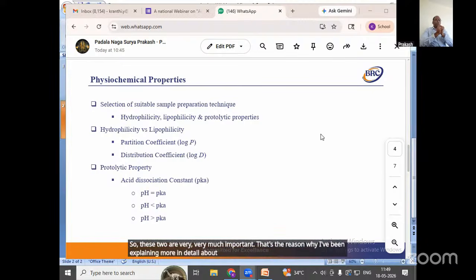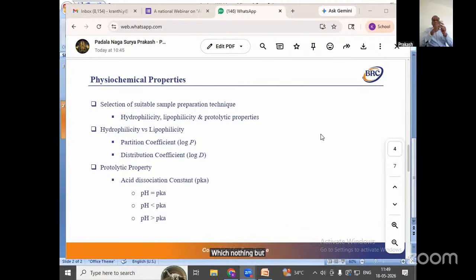And coming to the prototropic properties, this is something I wouldn't say is new, but it is a different term which is used very rarely. Prototropic property refers to a process in solution where a proton is transferred from one molecule to another.